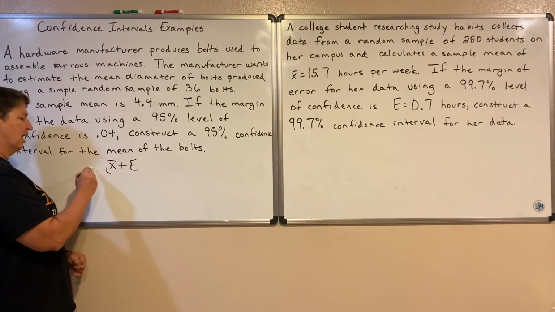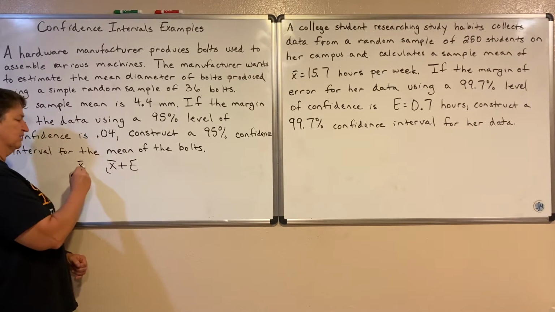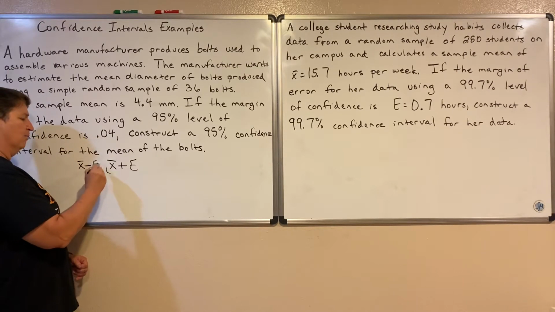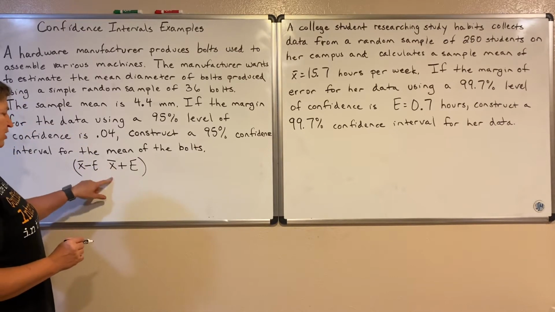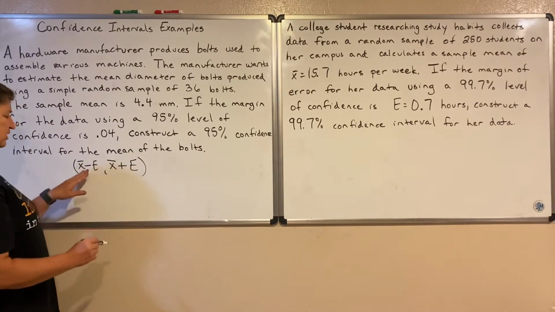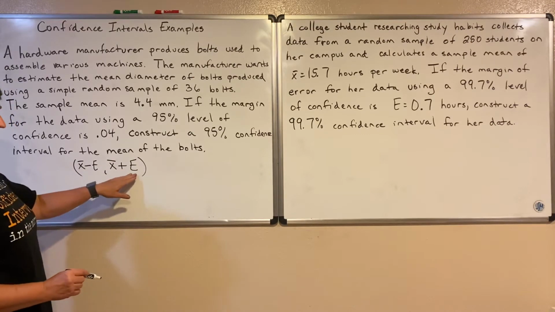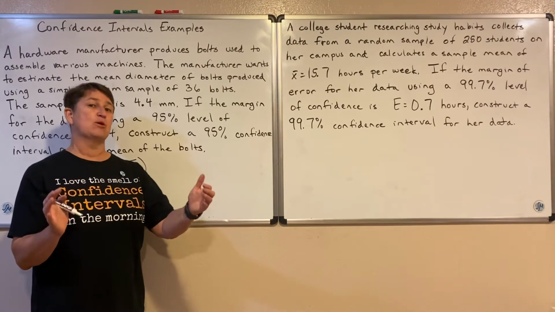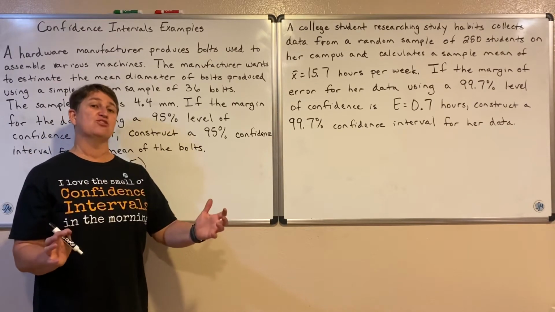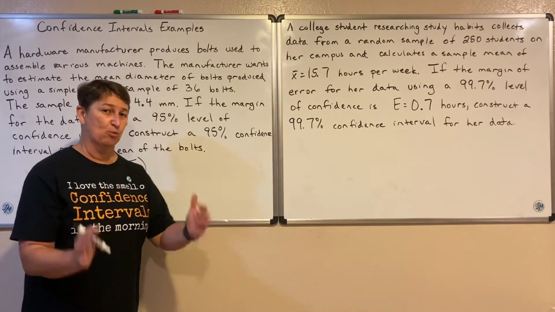And then we're going to take our sample mean and subtract our margin of error from that sample mean. So we're going to do both of those things. We're going to subtract the margin of error, and we're going to add the margin of error, and that range, we're going to say with 95% confidence that the parameter is within that range.